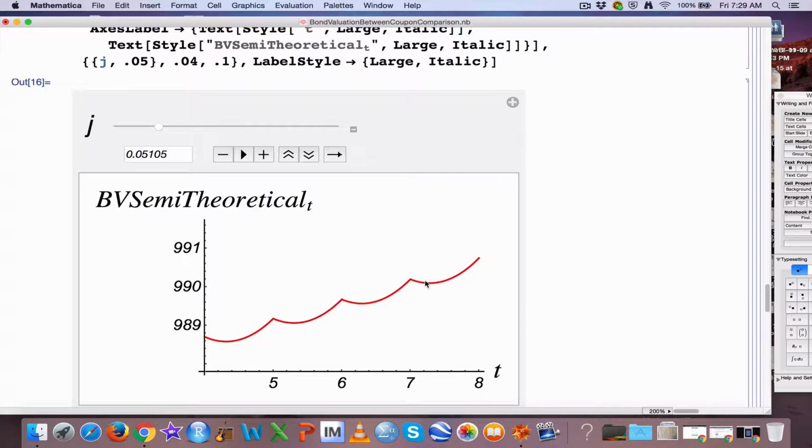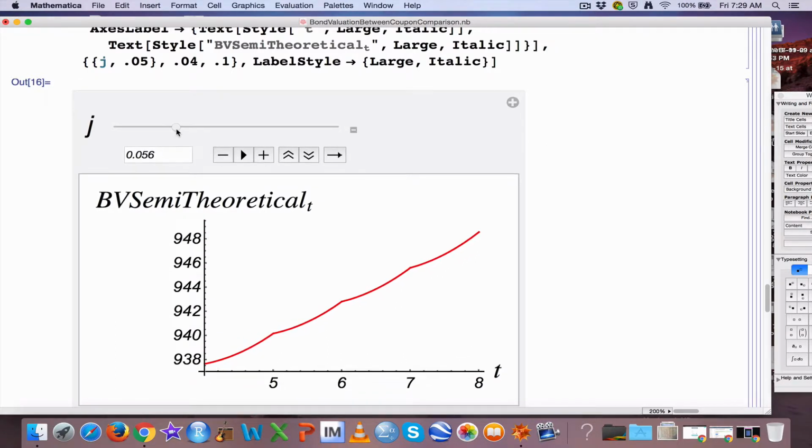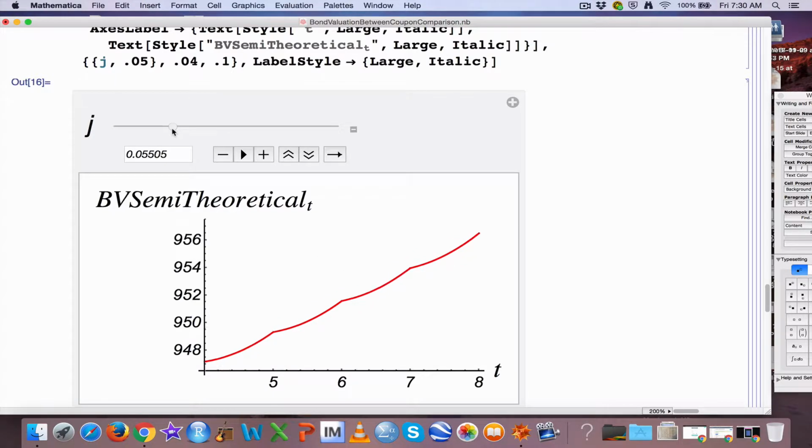It's definitely not differentiable at the whole number values of t, not smooth, but even more strangely, at least if j is close to r, it's got portions where it decreases. If j is large enough, it's no longer decreasing, but it still is kind of strange. You know, why would you connect the dots with this kind of interpolation scheme?